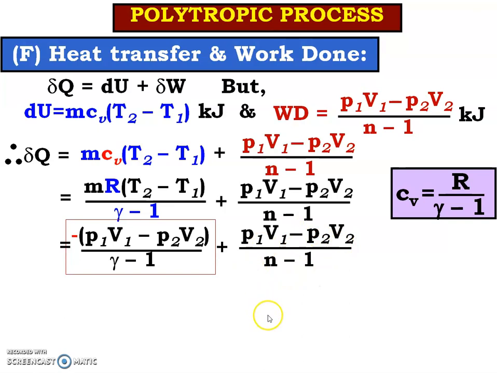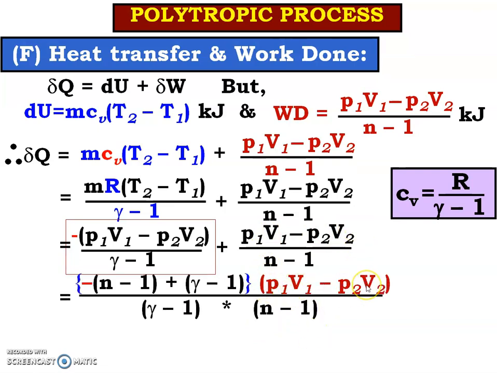Now what term can we take common? Yes, we can take common P1 V1 minus P2 V2. So when we take the term common, what are we going to get? (n minus 1 plus gamma minus 1) divided by (gamma minus 1) multiplied by (n minus 1). So that is the term we are going to get.